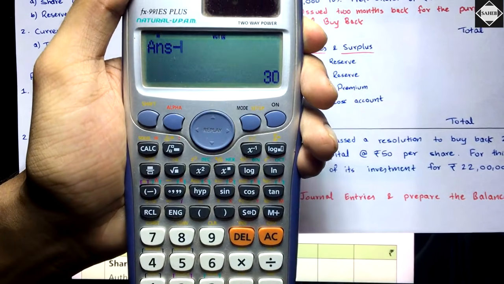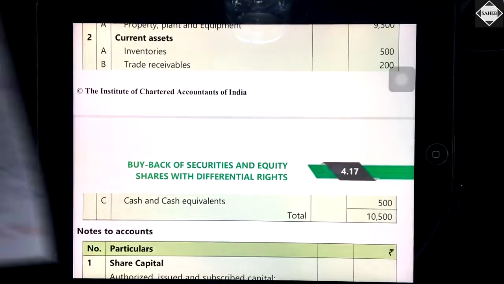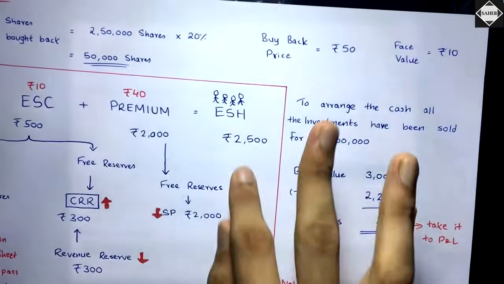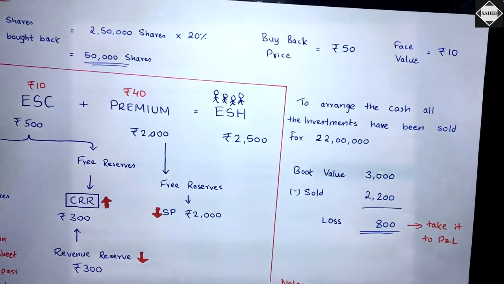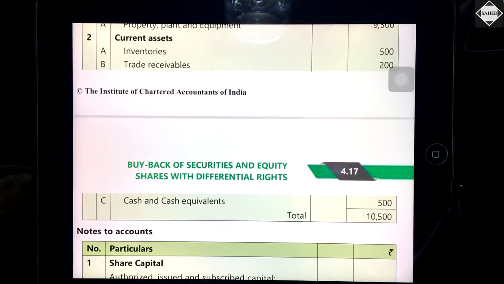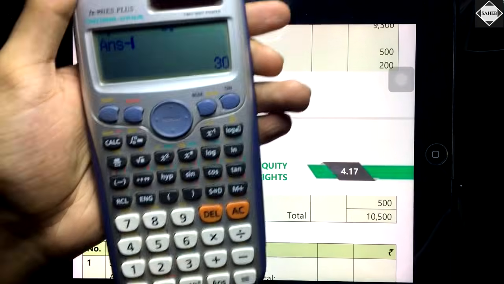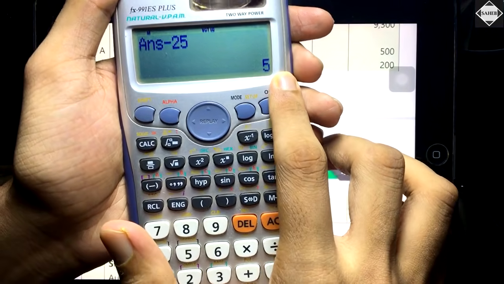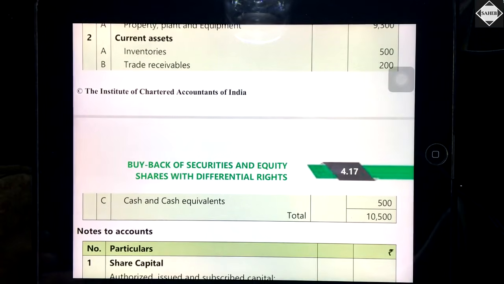Minus how much did we pay to equity shareholders? We paid 25 lakh to equity shareholders, didn't we? Of course we did. So 30 minus 25 is equal to 5 lakh. So 5 lakh is the remaining balance in cash and cash equivalents. That much cash we have.